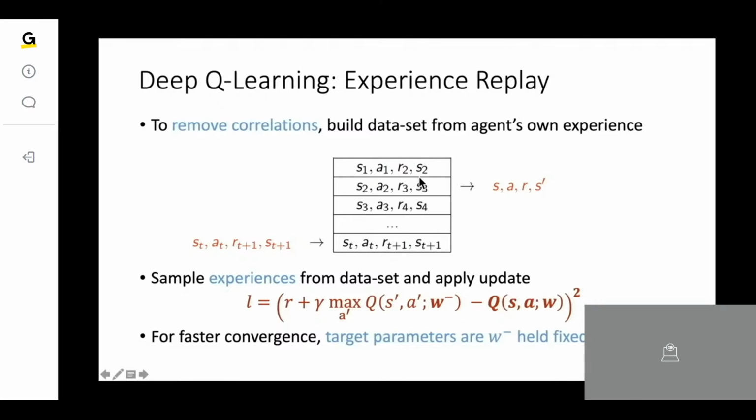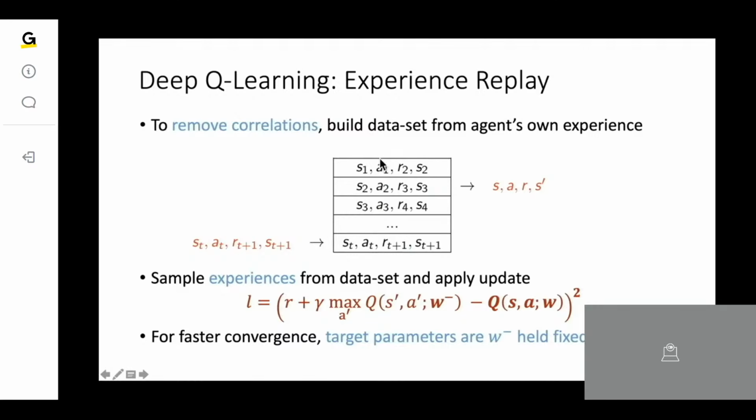Now they don't do an update on every possible step. This particular weight update is not done on every possible step, because that will introduce the problem of correlations, right? Each experience is correlated with the previous experience.